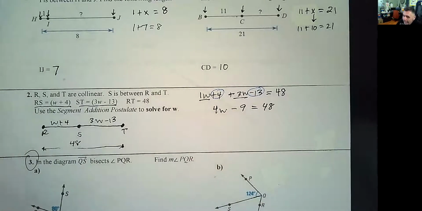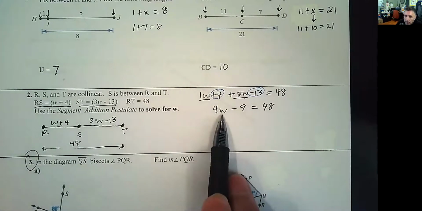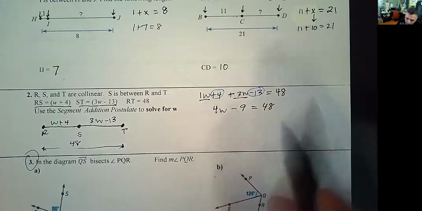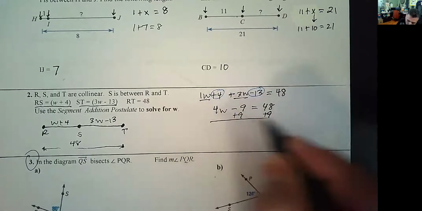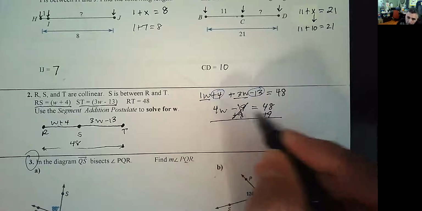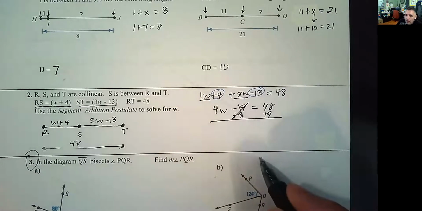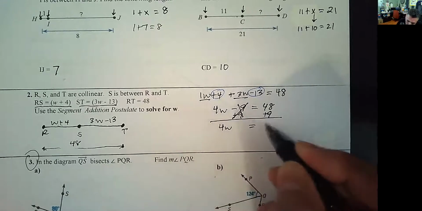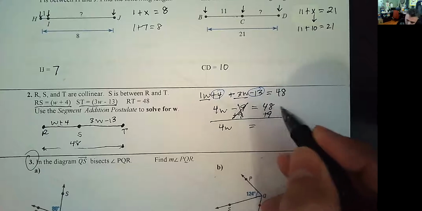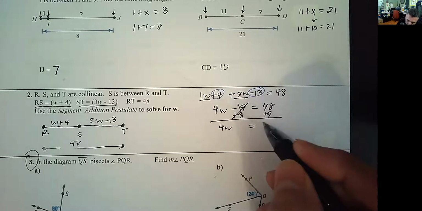And then here's our W. Now we want to get that by itself. So we do the opposite of -9. So the first thing we do is +9. In math, they want to use big terms, so we use the inverse operation, which is +9. Bring down the 4W, bring down the equal sign, and add 48 and 9.